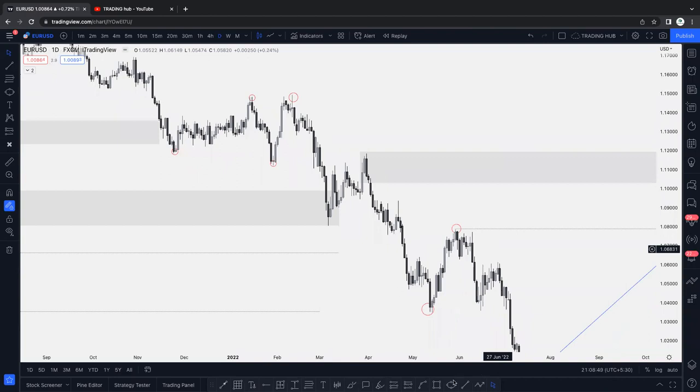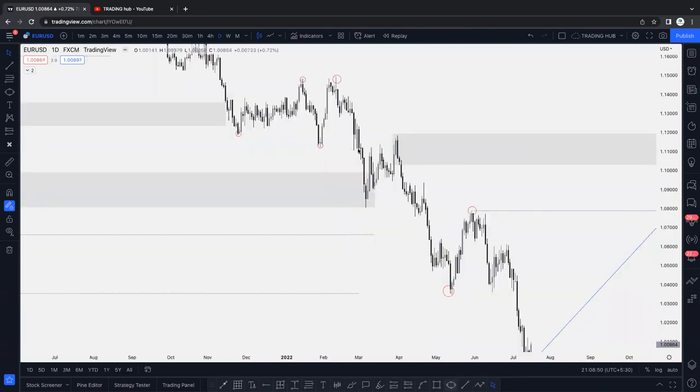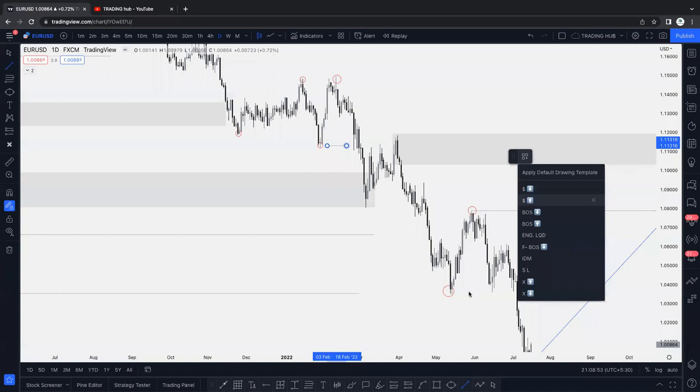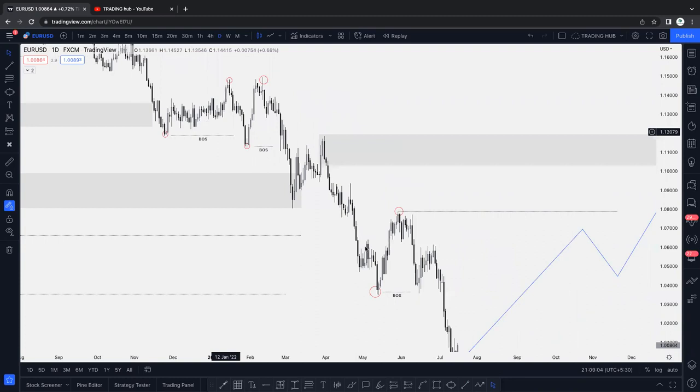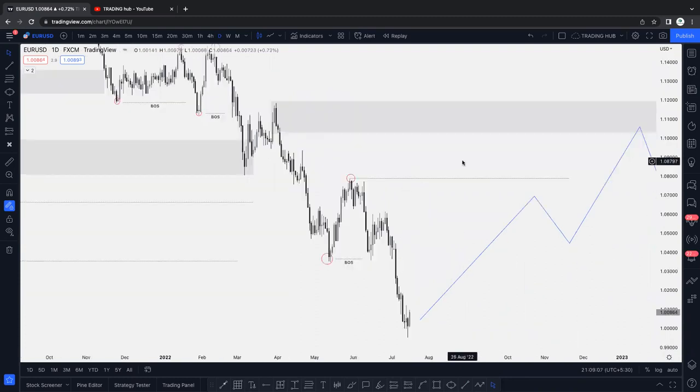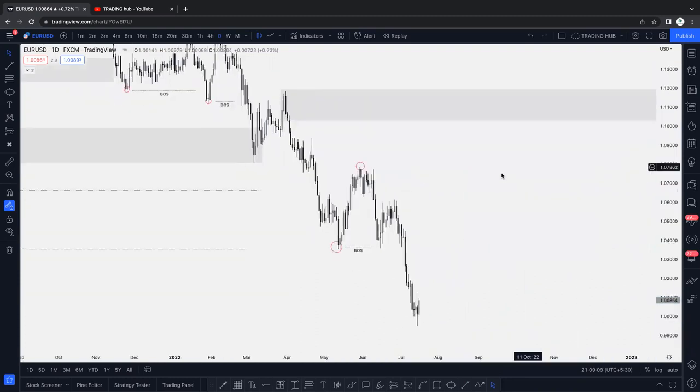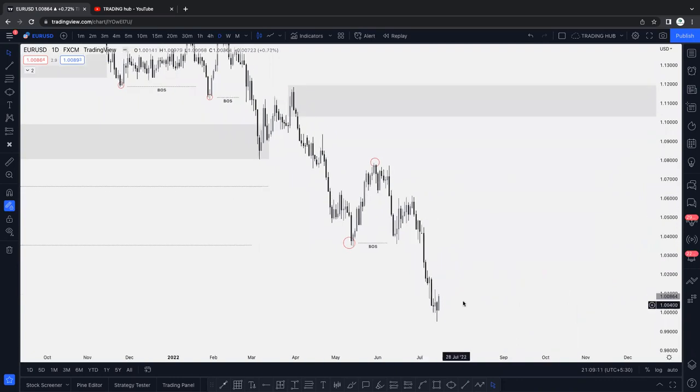Correct. And this is our structure. Okay, so this is our daily structure in EUR/USD right now, and it is still bearish.